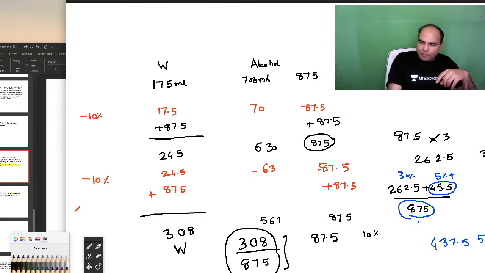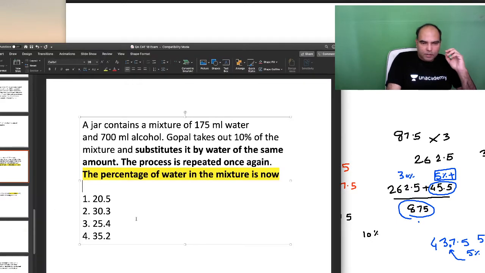So 5% will be 43.75. If you shift the decimal to that place, you will get 5%, which is 43.75. So this is a little bit more than 5%, and hence your answer is a little bit more than 35%. So if you look at this question, you would realize that the correct answer is this one, 35.2.